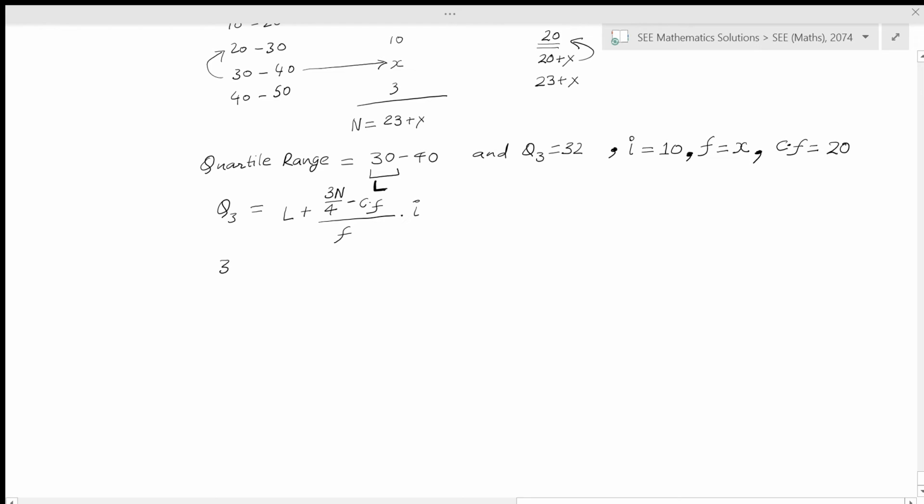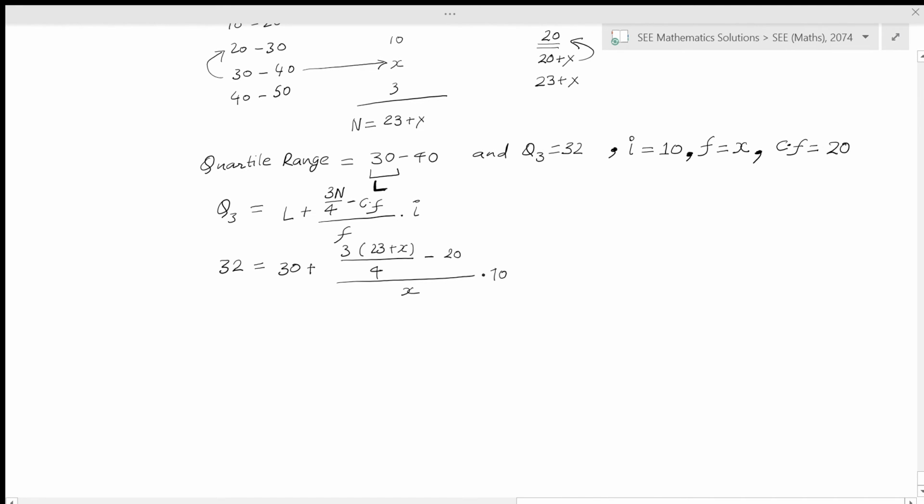So Q3 is 32, equal to L means 30, the lowest term, plus 3 times n, which we have already calculated as 23 plus x, divided by 4, minus CF which is 20, all divided by frequency f which is x, times I, the value of I, which is 10.